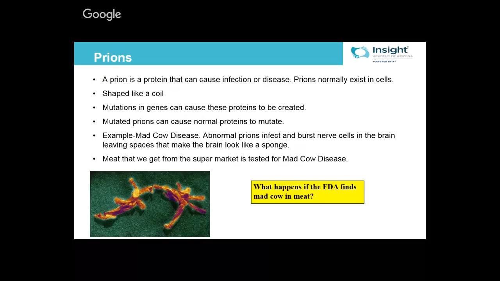So if a herd has mad cow disease, then they will kill that entire herd and they won't sell the meat. So that's what the FDA does. They look for that to help protect us. Can be devastating to a rancher, though.